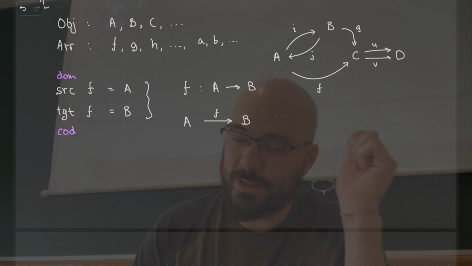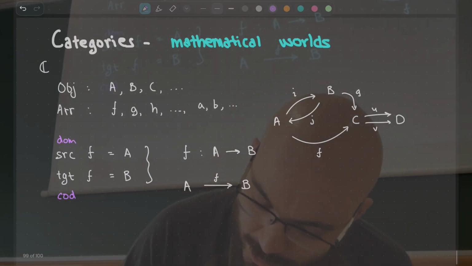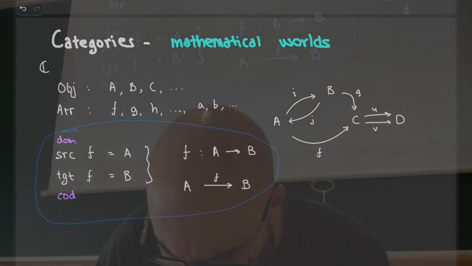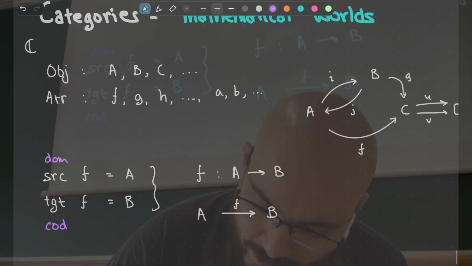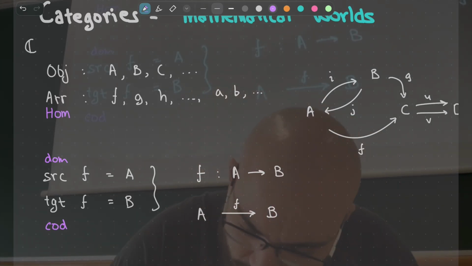So I will refer to them as arrows. Another nickname I should mention is that arrows are also called homomorphisms or just morphisms, and I will avoid these words for the same reason.